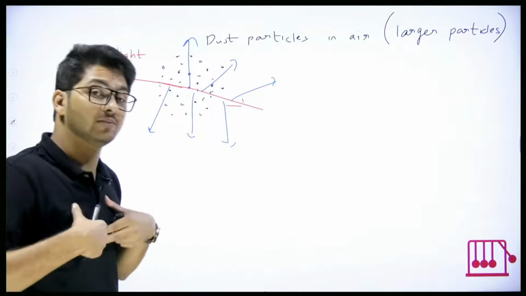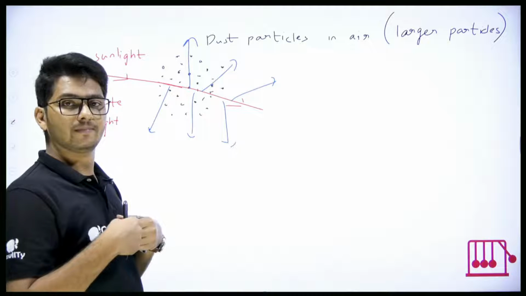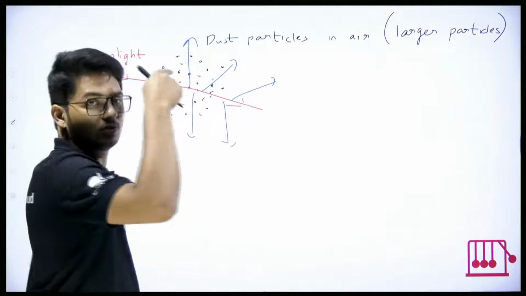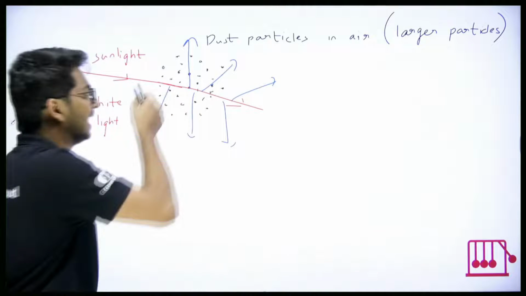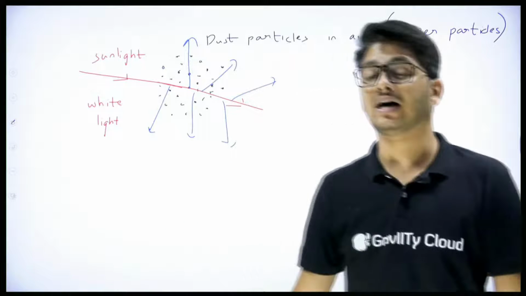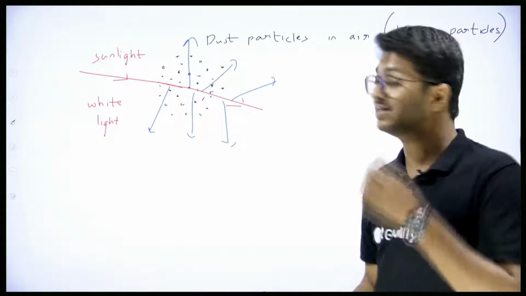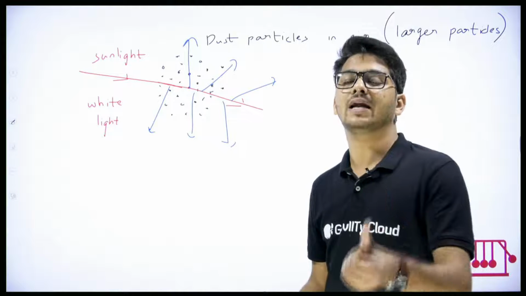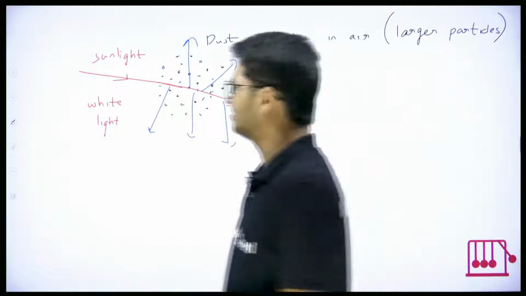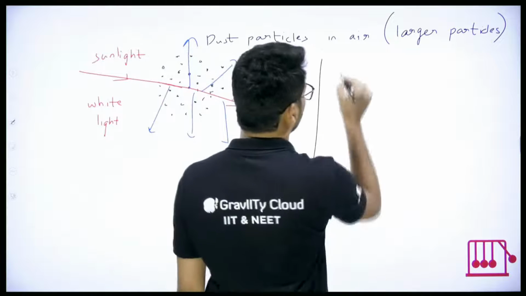And for us to see something, light should come to us. So when light passes through and is scattered, that light will come to us and we will see the path of light. So what is the reason behind it? The reason is scattering of light by larger particles. And which color is scattered? All the colors are scattered equally.